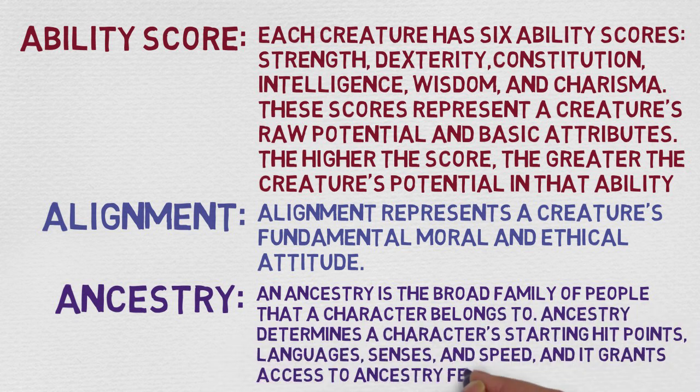Now, this is a subject that we're going to actually have a series of videos on, so bear that in mind. All you need to know is that ability scores directly impact how good you are at certain things. Make sense? Sweet.